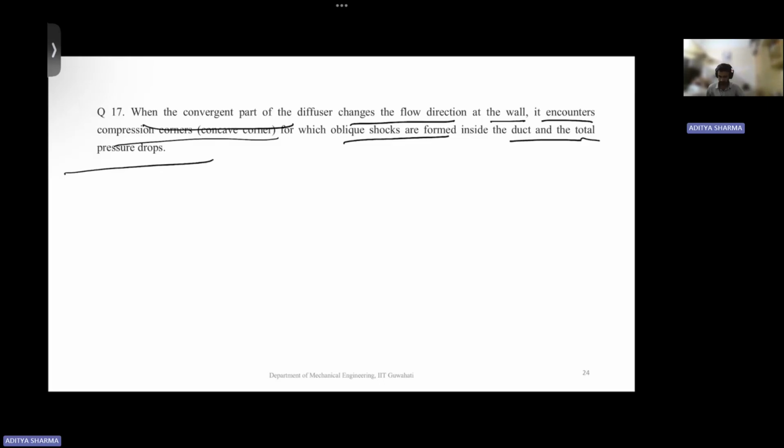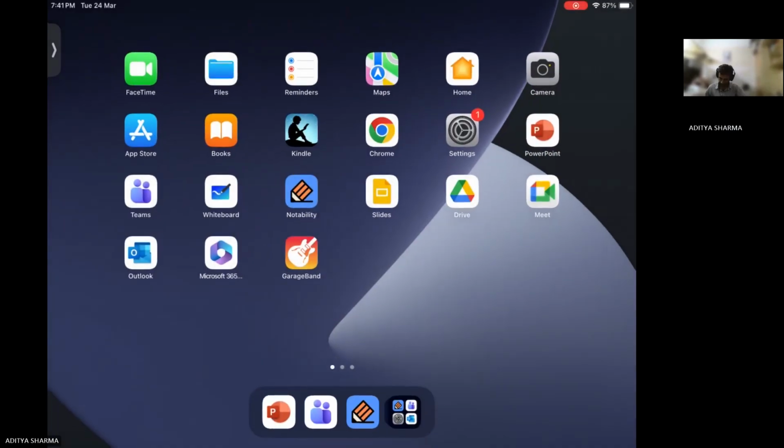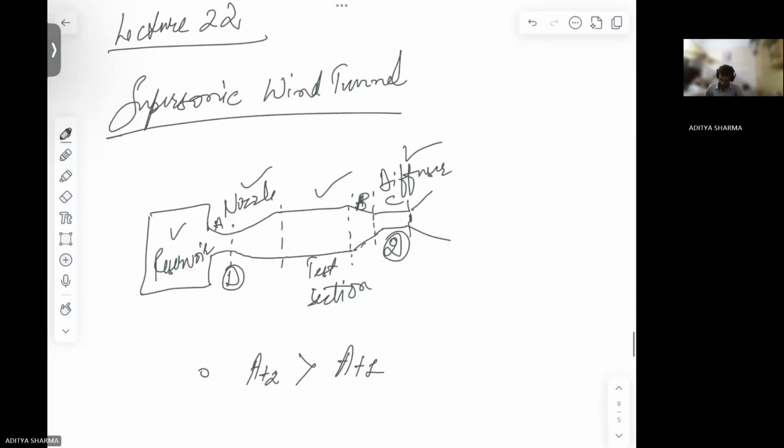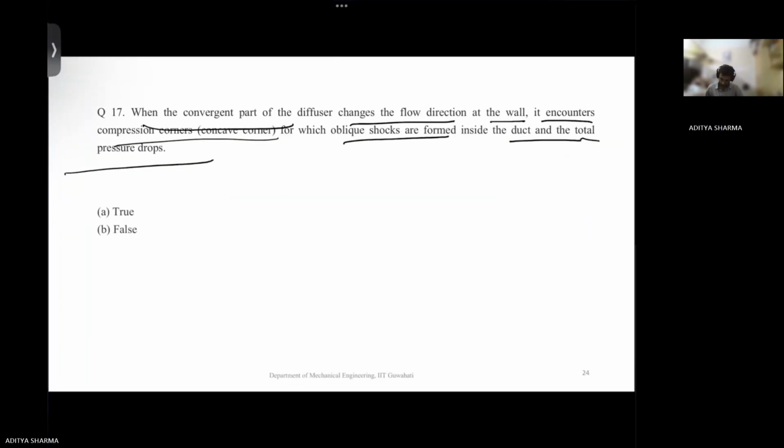Okay, so this talks about section B in your supersonic wind tunnel. So this is a true statement. Your pressure will also drop and oblique shocks will be formed because your flow is moving towards itself.